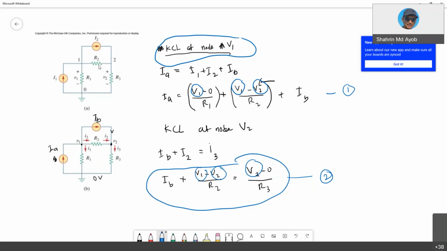For example, what is the voltage drop across R1, what is the voltage drop across R3, what is the voltage drop across R2, and what is the current flowing through R1? If you have the node voltages, you can answer any question by using the node voltage values.